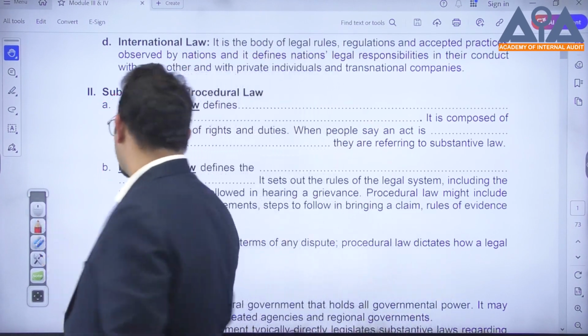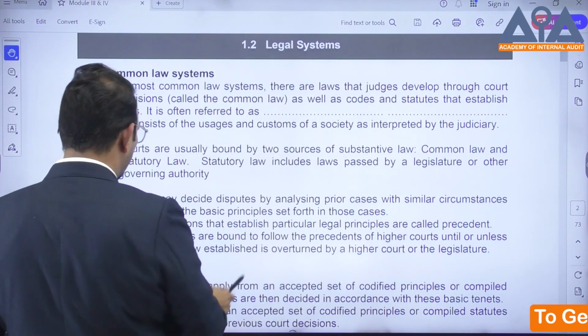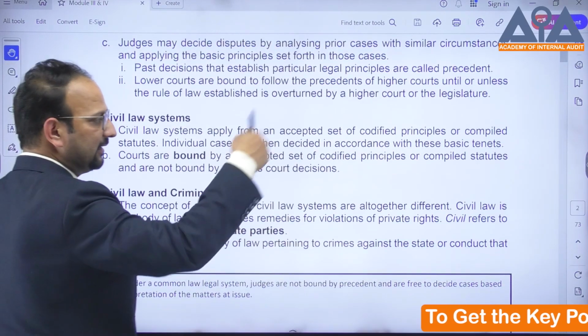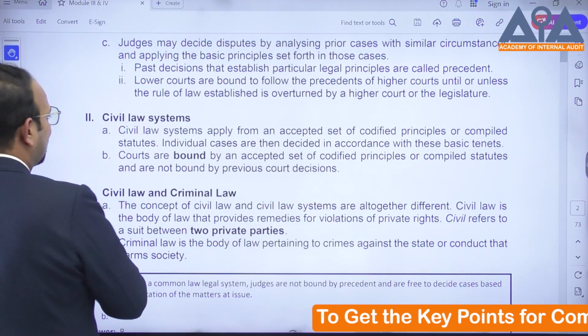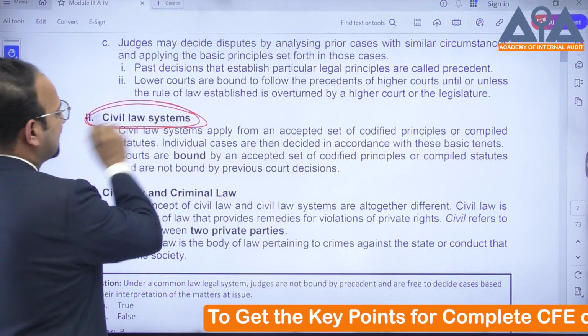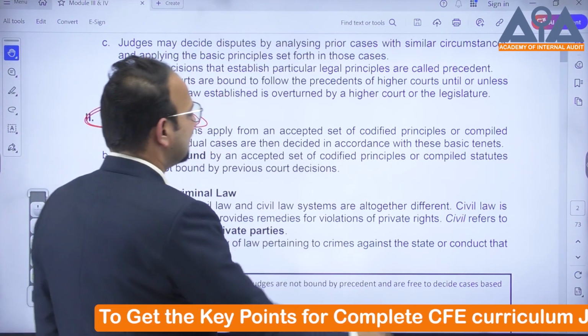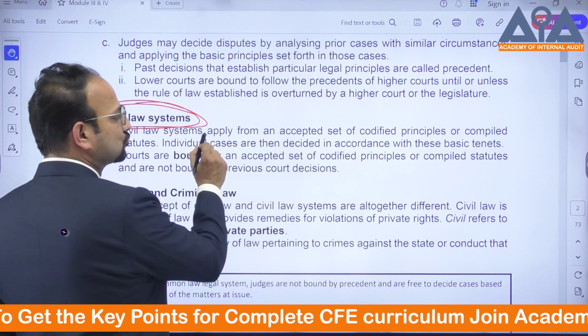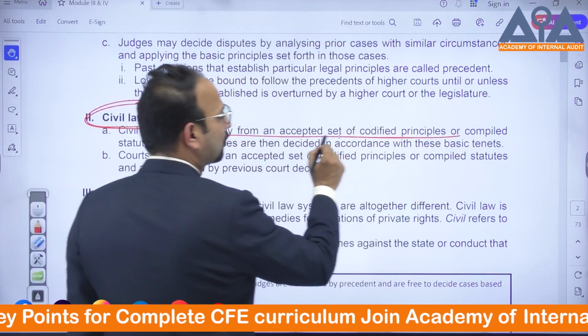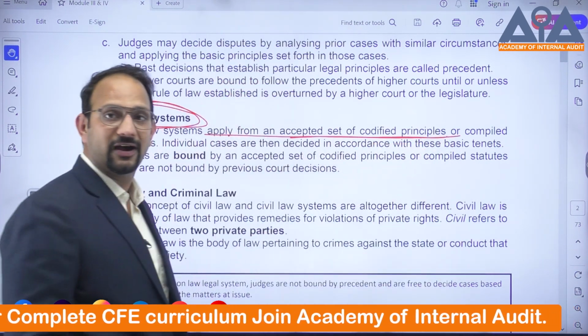The next point is the civil law system and the common law system. We have discussed it in detail in our detailed video lectures. Here you have to understand the key fundamentals of the civil law system. Number one, the courts are supposed to apply an accepted set of codified principles.